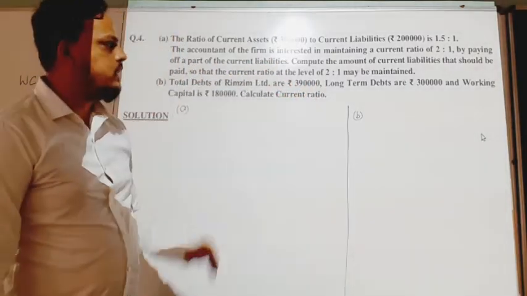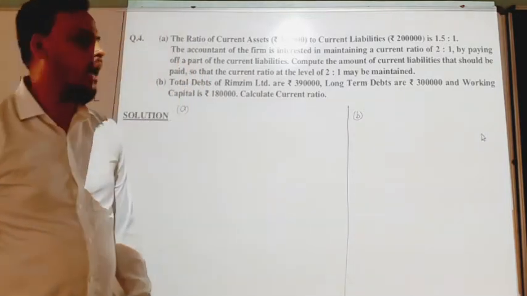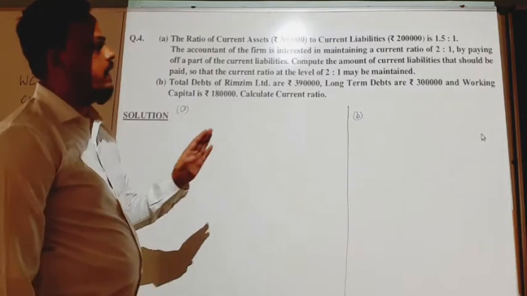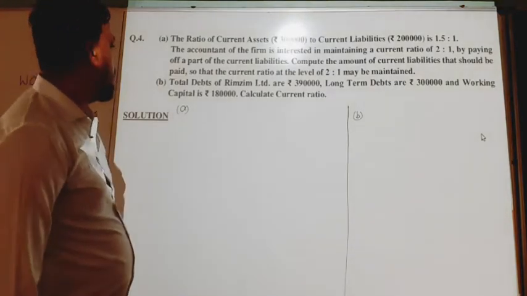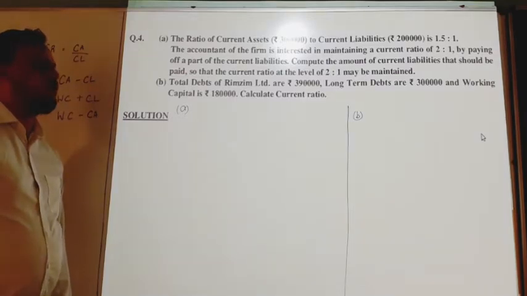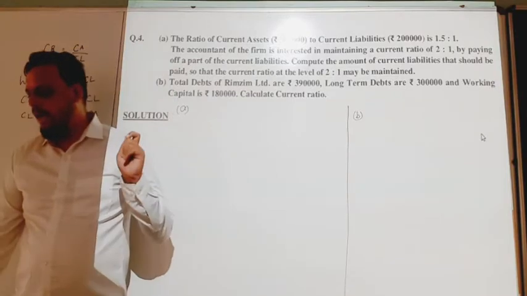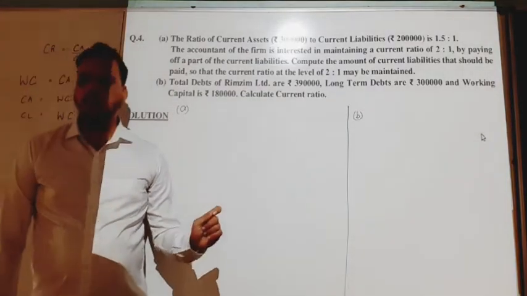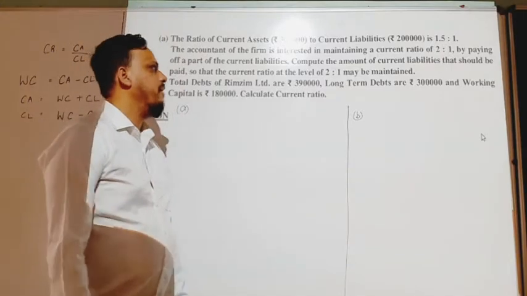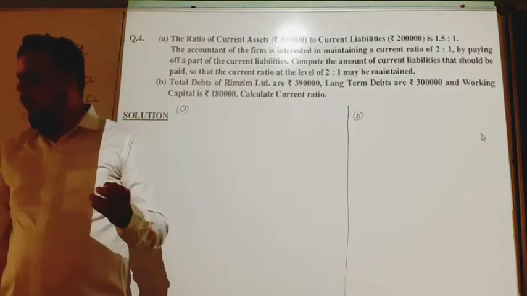Compute the amount of current liability that should be paid, so that the current ratio of 2 to 1 may be maintained. Here you have to find the current liability which has to be paid. We don't have exact figures, so we will take the help of supposition.